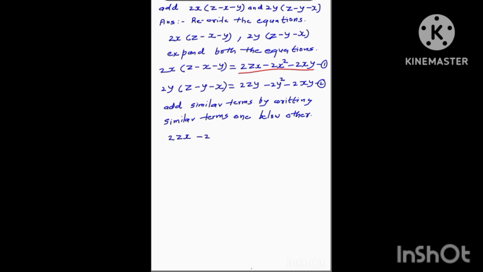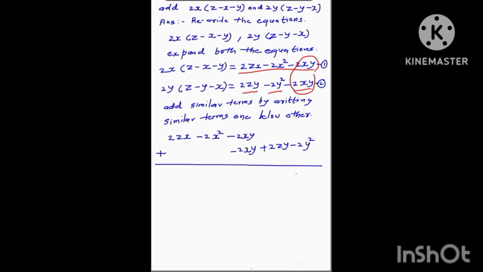So it is 2zx minus 2x square minus 2xy. Now what is common is xy, so right below that minus 2xy, and these are not common, so write them separately. 2zy minus 2y square. Now add.